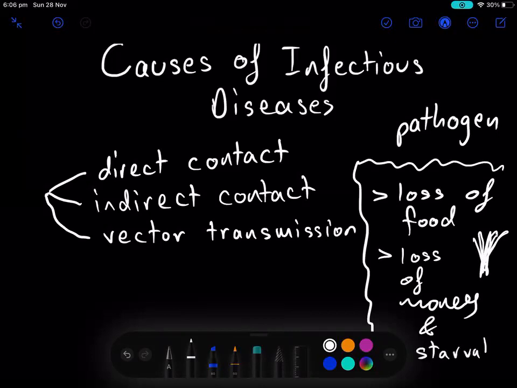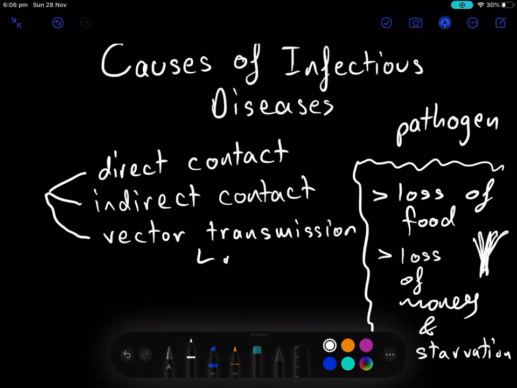Okay, so finally, we're going to have a look at some of the virulence factors which will aid entry into the host. For example, the malaria parasite being able to survive within the mosquito is an example of a virulence factor.